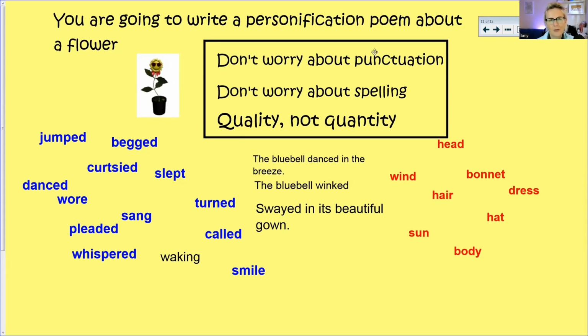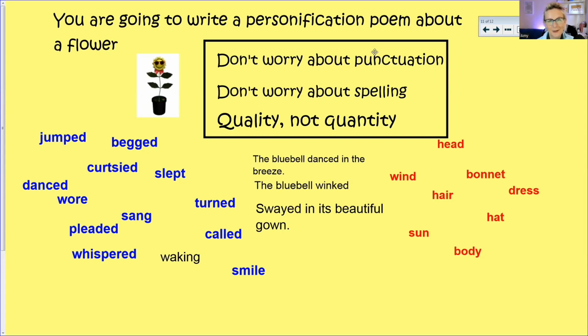So rather than shying away from using a higher level word that you don't know how to spell, have a go. It doesn't really matter if you don't get the spelling right. And we focused in on one or two quality sentences, rather than having a big, long poem. So just a few personifying sentences.